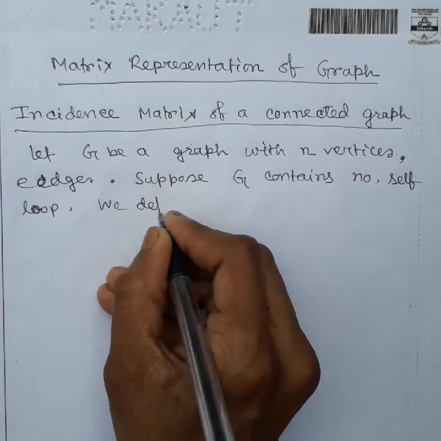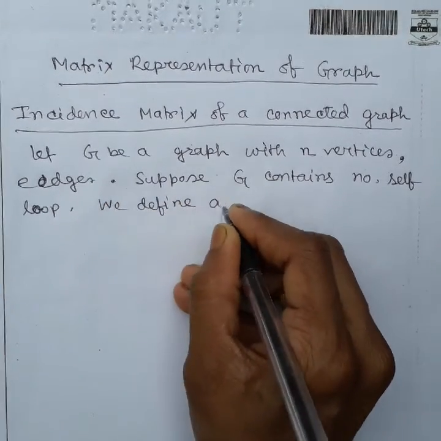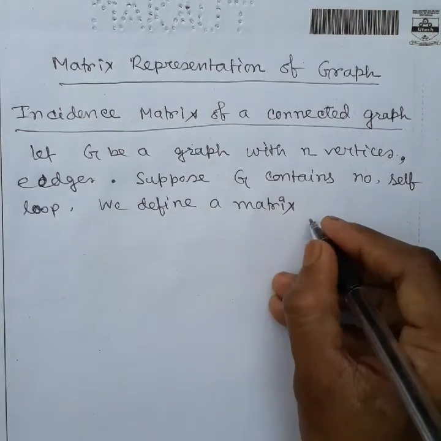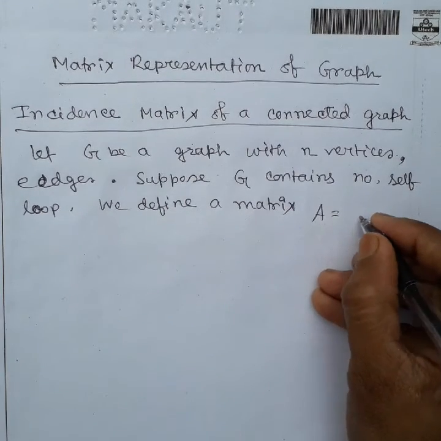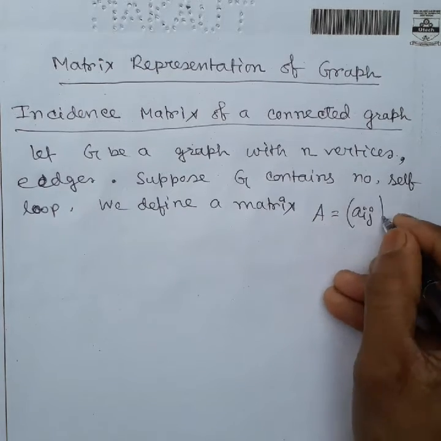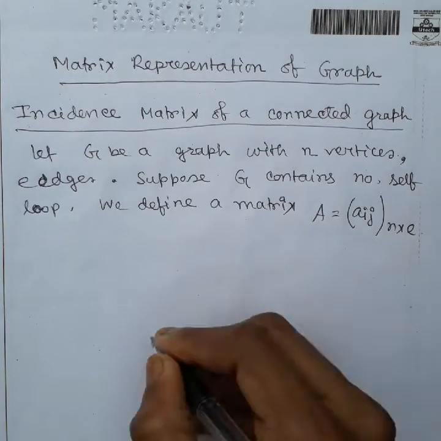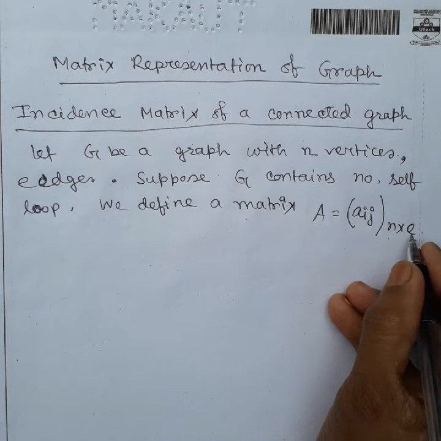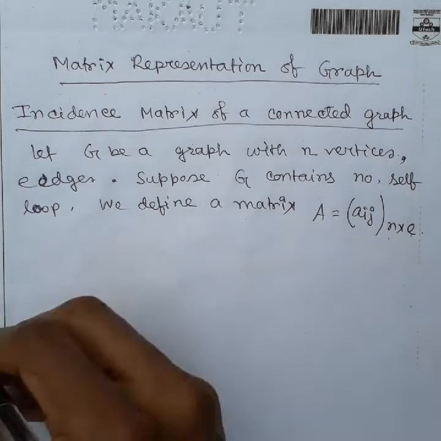So we define a matrix A, capital A equals Aij, n cross E. That means vertex is in the row and edge is in the column.